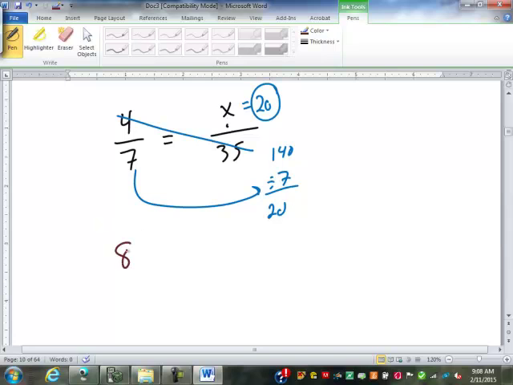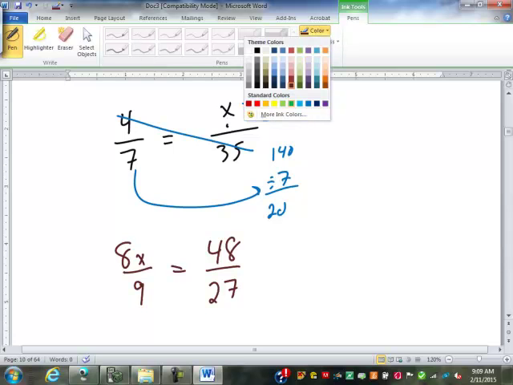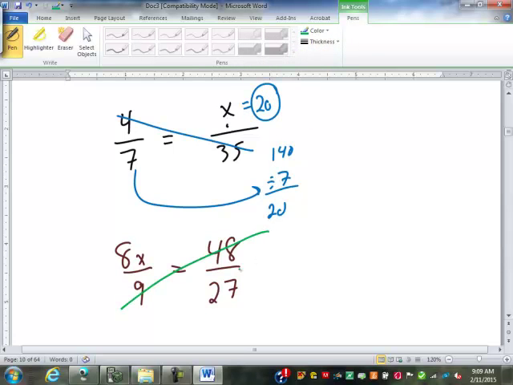Maybe it's going to look like this. Might look like that. Now we got a problem. Here it might be easier to cross multiply. 9 times 48 is, anybody want to guess? 432.